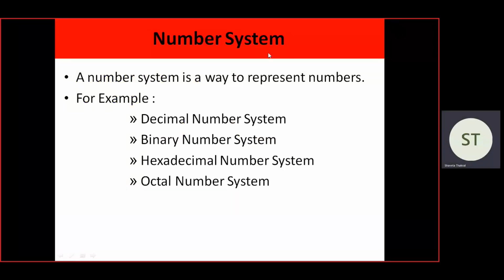So basically, what is a number system? How do we define a number system? A number system is basically a way to represent numbers. How we express or represent numbers, that particular system defines the number system. The most commonly used number system is the decimal number system, which we use in day-to-day life.